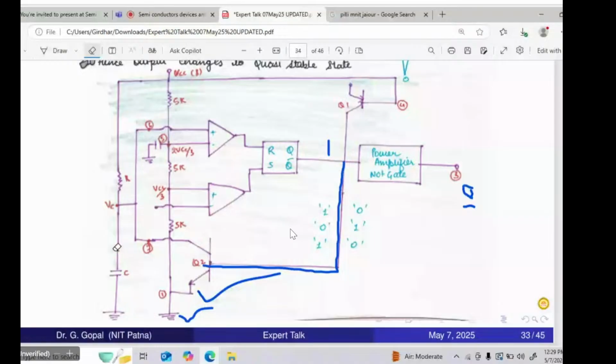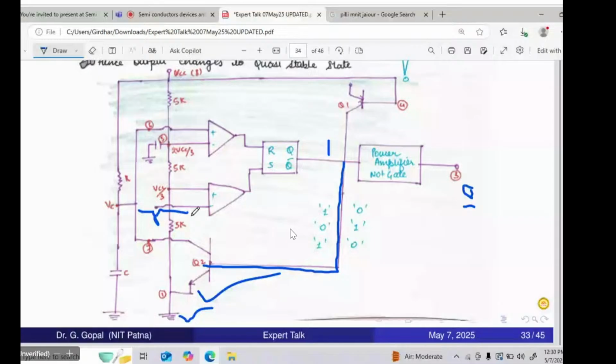This is the trigger input, the second pin. At this point, you are applying a negative spike. Whenever the spike is applied, the voltage at the trigger input is zero.